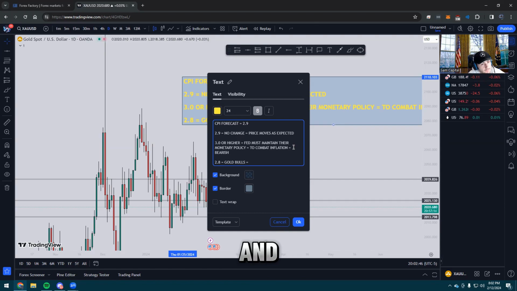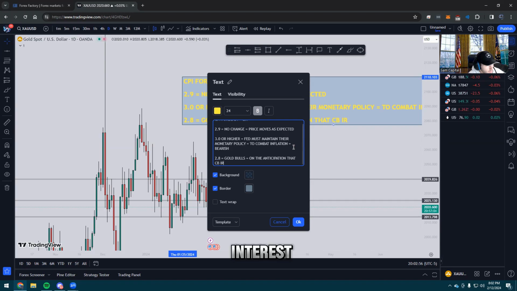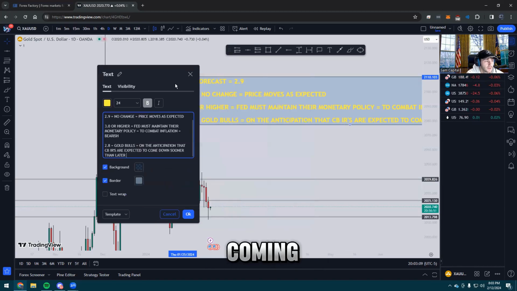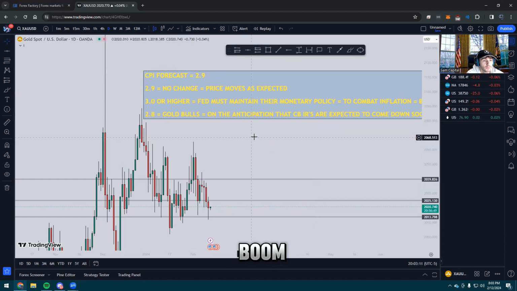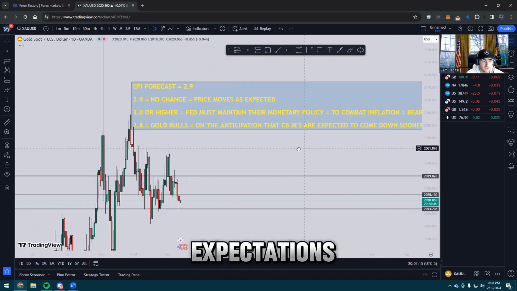The reason for that is the anticipation that central bank interest rates are expected to come down sooner rather than later. If inflation is coming down as expected, boom, the market is going to move based off of expectations.